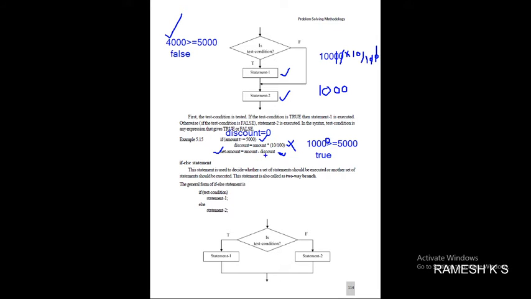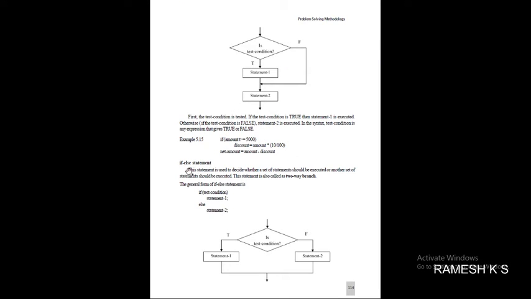Amount 4000 minus 0, there is no discount. For those who purchased below 5000, the net amount will be 4000 only. That means statement 2 will be executed. So now all of you understood the importance of the simple if statement. Okay, we are moving on to the if else statement.